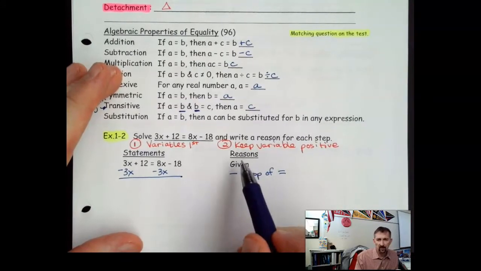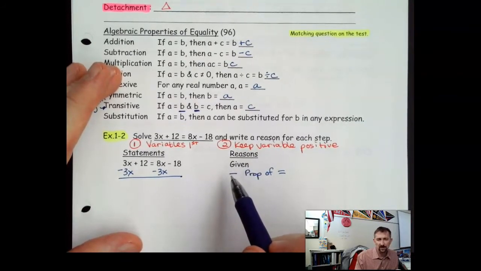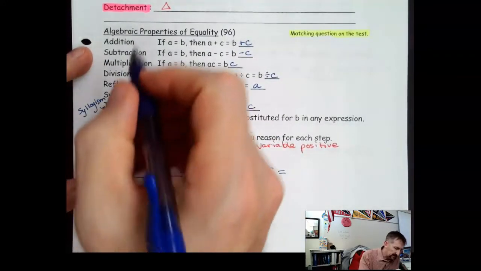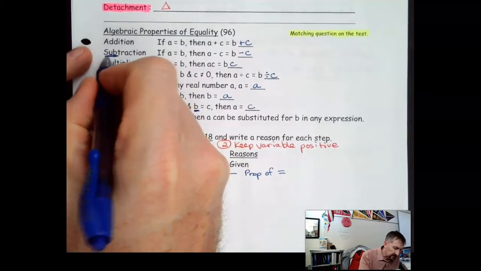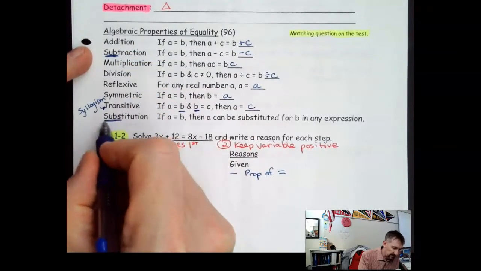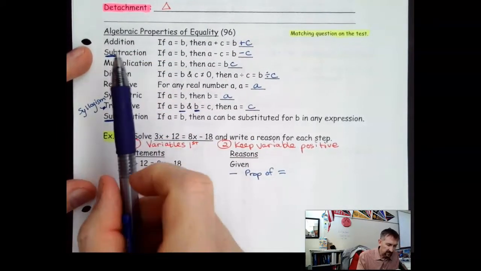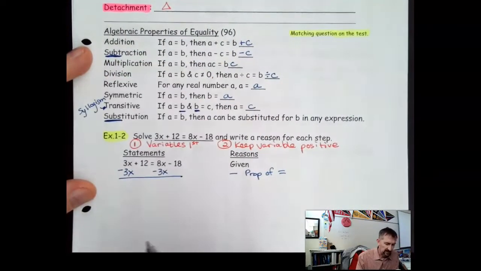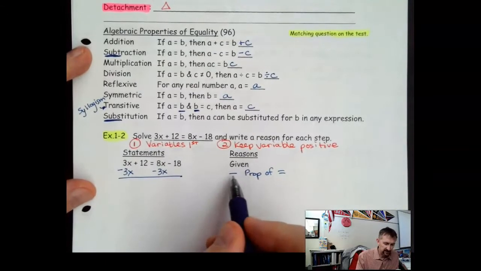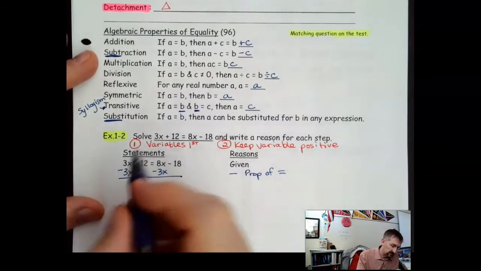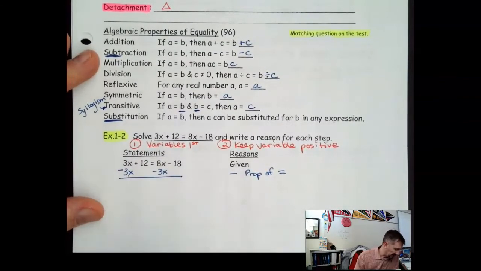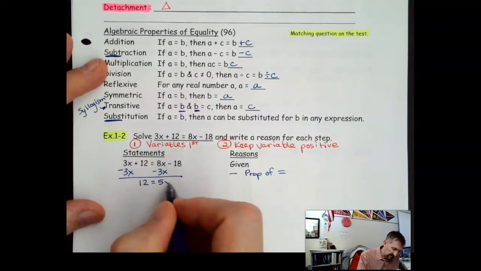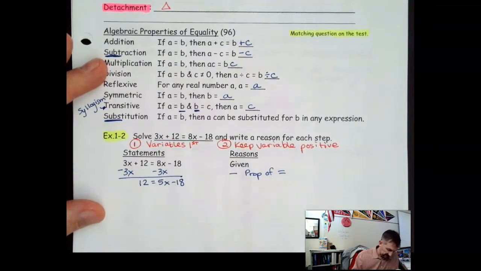Now, if you're going to abbreviate that, don't use SUB because subtraction and substitution both start with sub. If you're going to abbreviate, you should use 4 letters. But we can just use the minus sign there. Works fine. So that gives us 12 equals 5x minus 18.